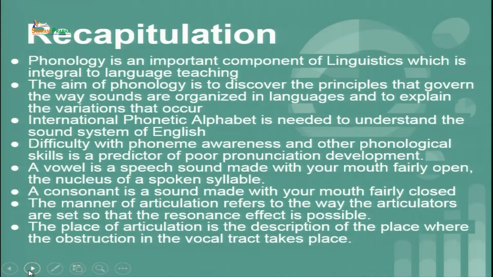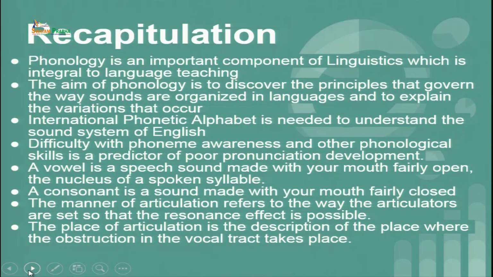We also understood that if there is a difficulty in understanding phonemes, then we are likely to produce wrong sounds. So, in order to correct this, it is important to understand phonology and practice it widely so that we become masters of it and develop expertise. In addition, we talked about vowels and consonants, which are important to phonetics.